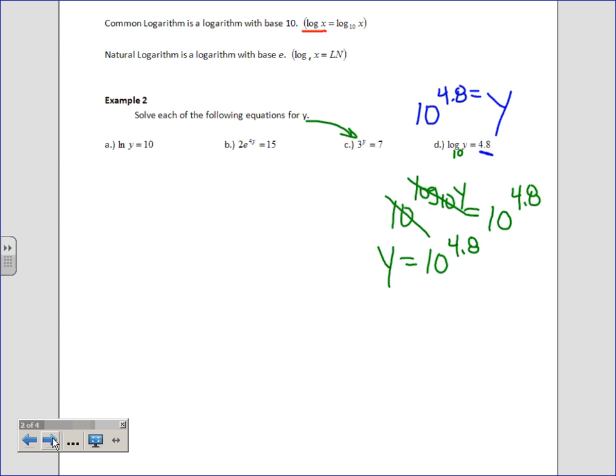On the right side? What I'm doing is I'm taking this log base 10 that's there, and I'm making that the exponent with 10 as the base. So that's my exponent. So I have to do the same thing. I have to make that the exponent with 10 as the base. I have to do the same thing to both sides.